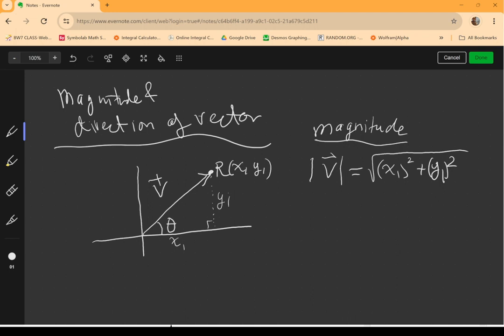Now our direction we will define as the angle theta made with the x-axis.